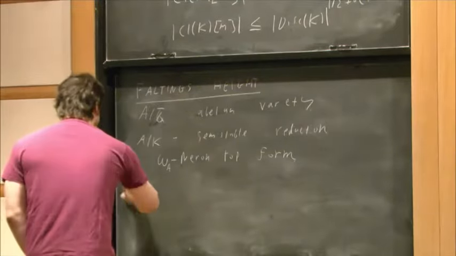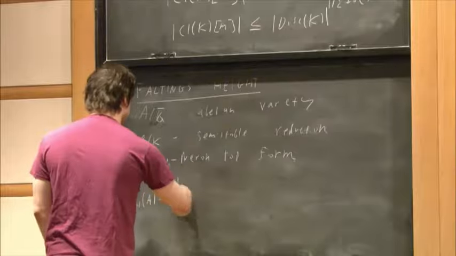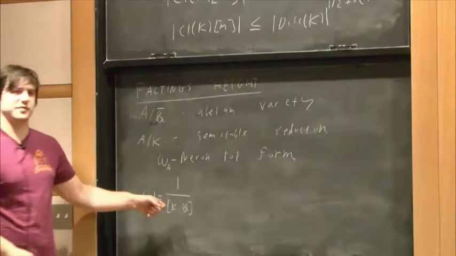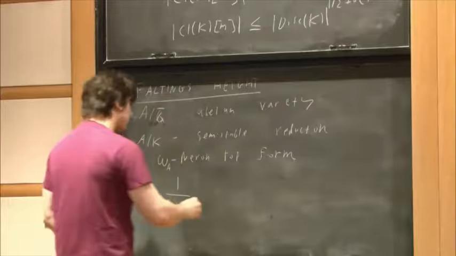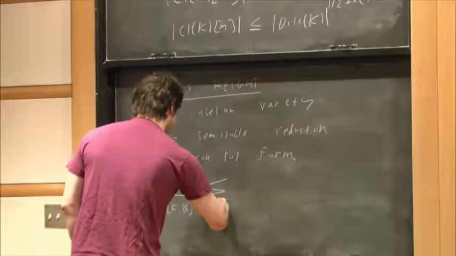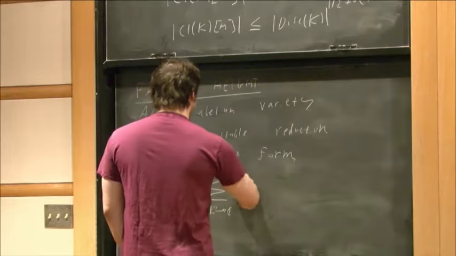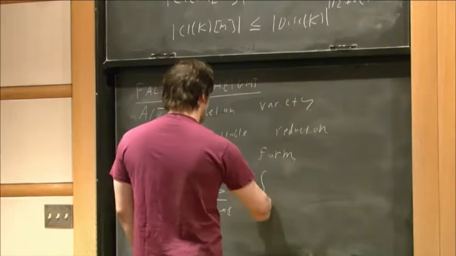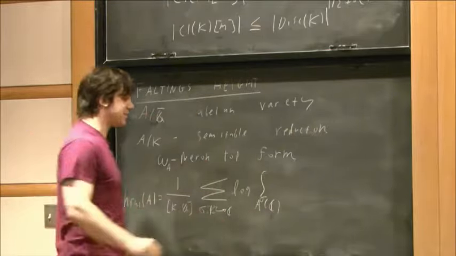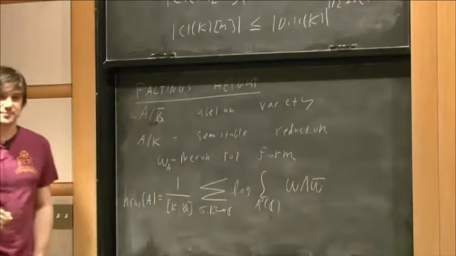And then you define the Faltings height of A to be the following. We're going to include a 1 over the degree of K factor to make this definition independent of K. And now we're going to sum over all embeddings sigma of K into the complex numbers of the log of the integral over the complex points of A embedded via sigma of omega wedge omega bar.